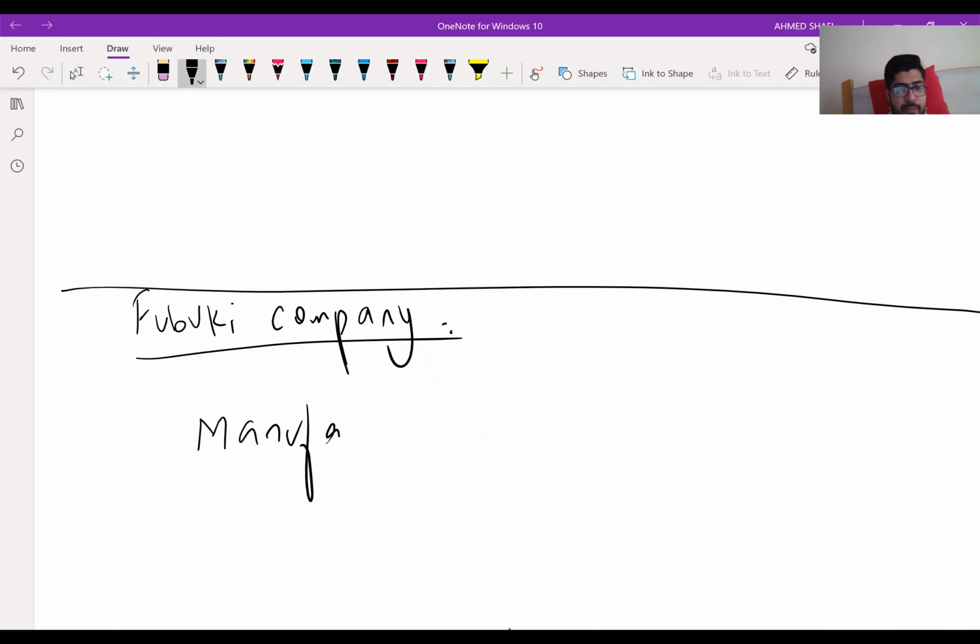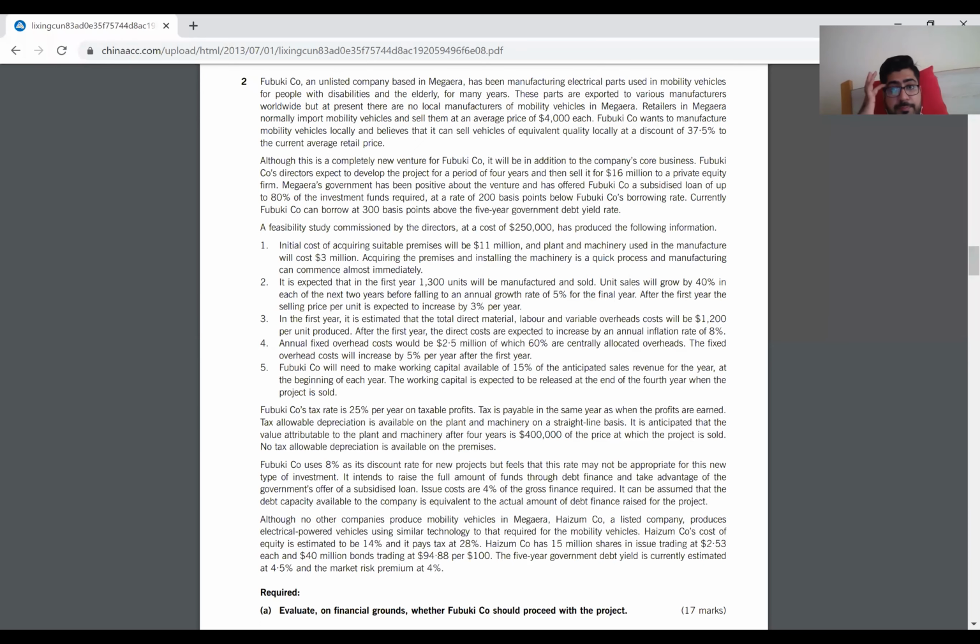Fubuki manufactures electrical parts used in mobility vehicles for people with disabilities and elderly.